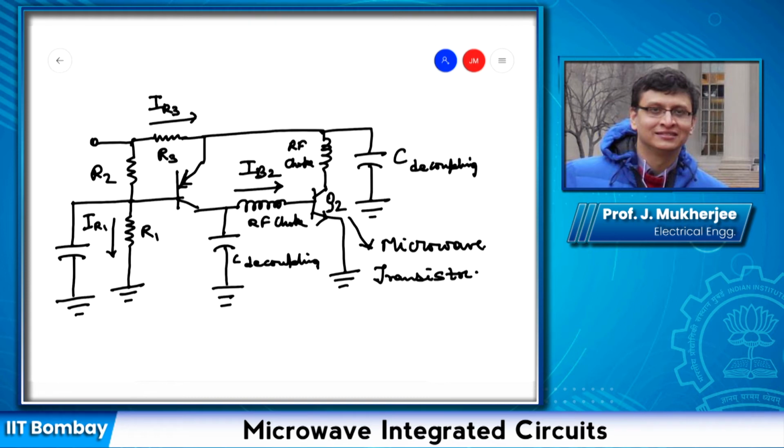This is the microwave transistor. These are two decoupling capacitors. Decoupling capacitors are capacitors which don't play any role in the circuit, but they are used to drain any sudden increases in voltage. Similarly, this is also a decoupling capacitor.